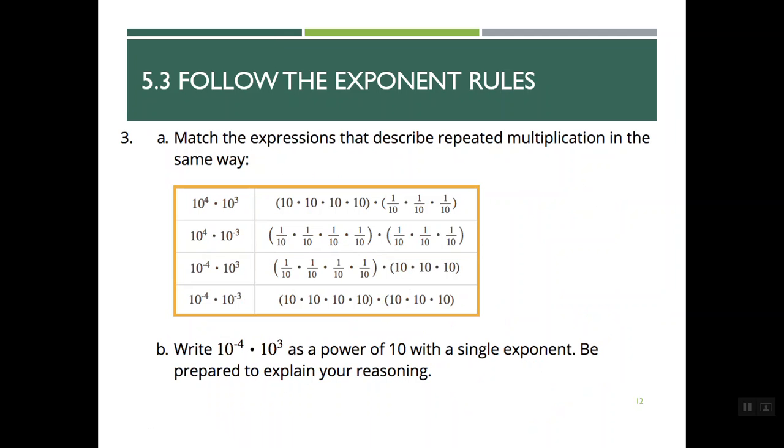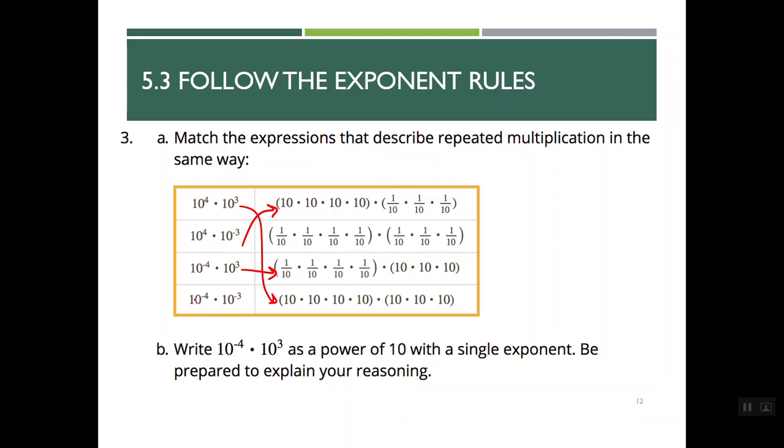Okay. Matching this time with repeated multiplication. So this top one is 10 to the fourth, so 10 tenths times 10 to the third. That's down here. Now we have 10 to the negative fourth times 10 to the third. So that's 4 tenths and 3 tens.